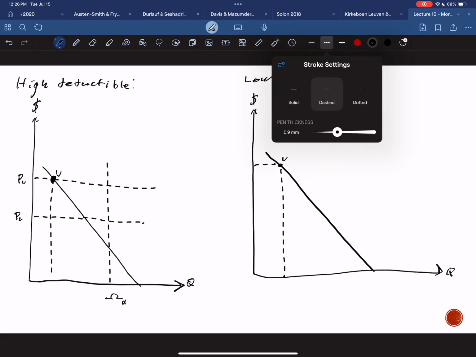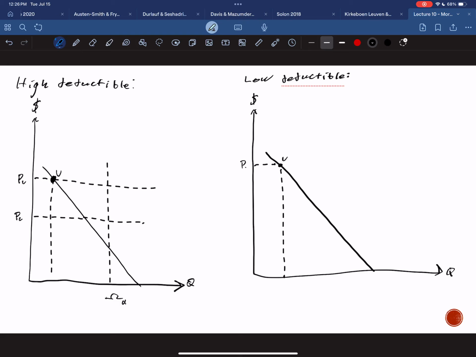So we have PU and quantity if you're uninsured or if you have the high deductible, and then we still have your copay. Right, so this is the copay price.